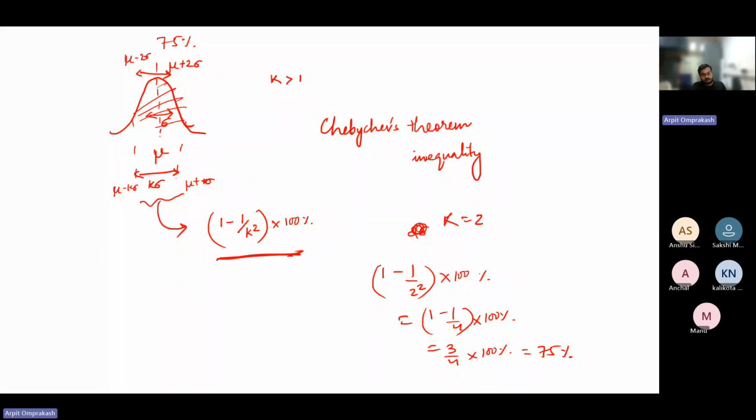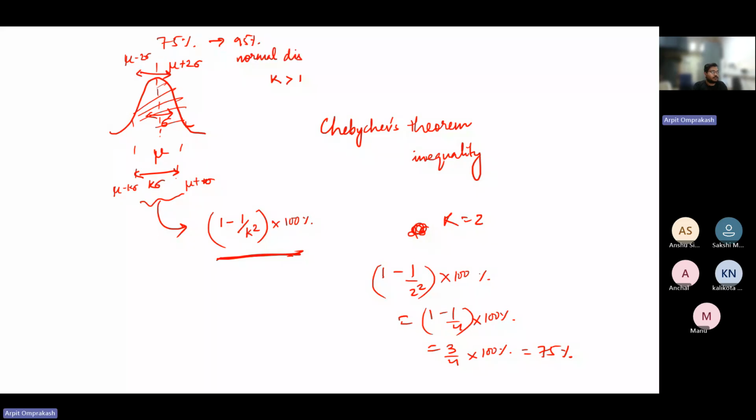75% of the data should fall here. But if you look at a normal distribution, within two standard deviations, we know that we get a much higher percentage than 75%. I think it's around 95. So within two standard deviations for a normal distribution, this number will be 95%.